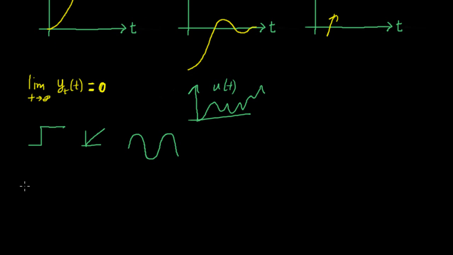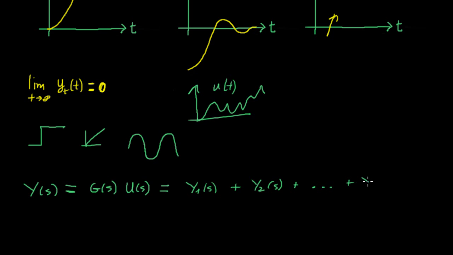The mathematical justification of this differentiation comes from the calculation of the response of systems to all these functions. As we know, to calculate the output of a system described by its transfer function, we have to multiply the transfer function by the Laplace transform of the input u of s. And now we have to expand this into a sum of different factors: y1 of s plus y2 of s plus all the different factors, let's say yn of s.